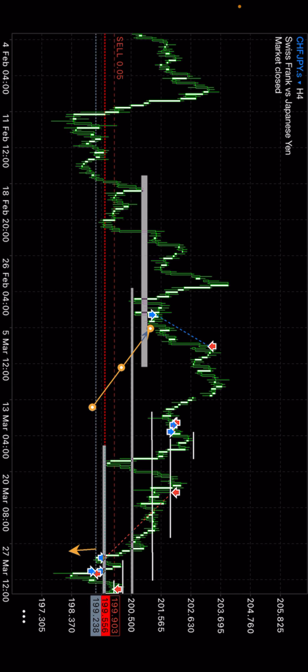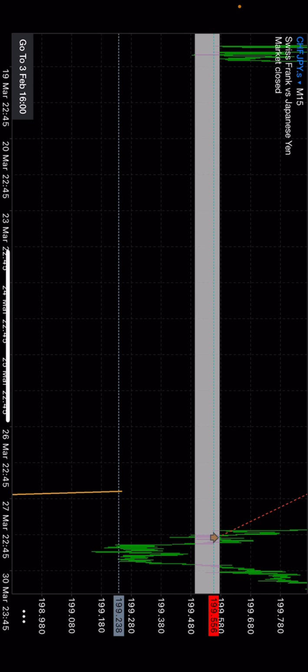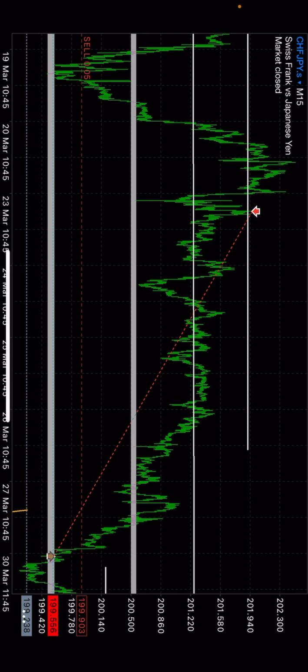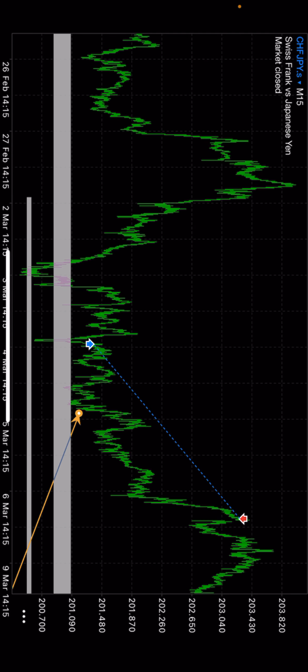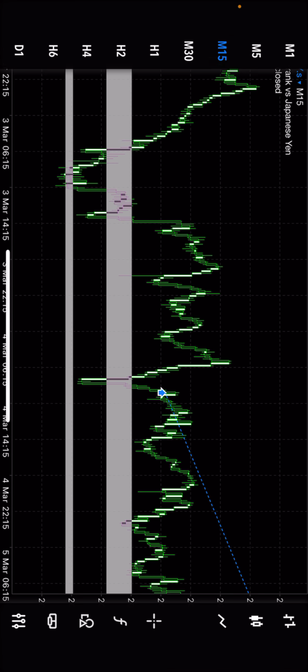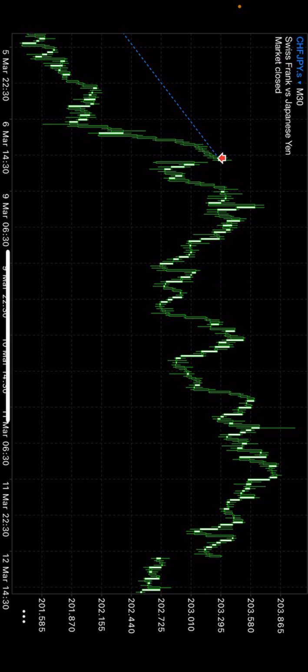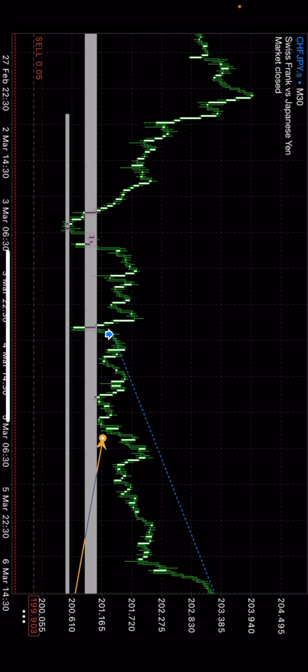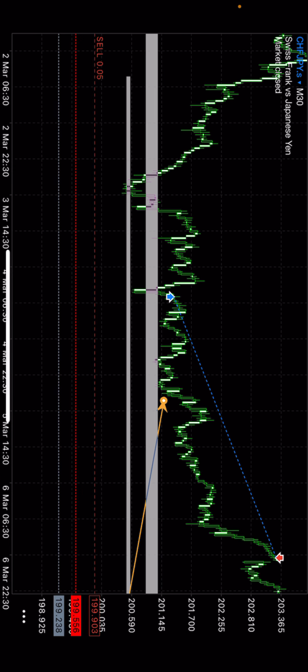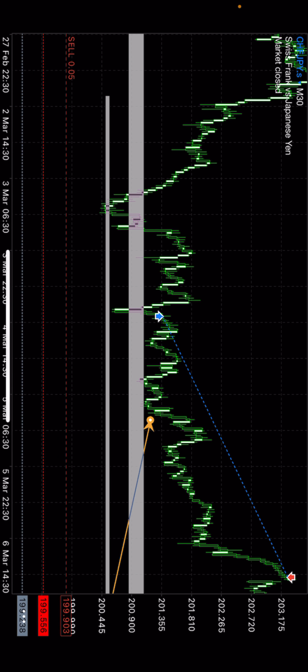Then when I go to a smaller time frame like the 1 hour or 15 minutes, you'll be able to see how I spotted this trade. Okay, let me go to 30 minutes. Yeah, so this was how I was able to catch this trade.